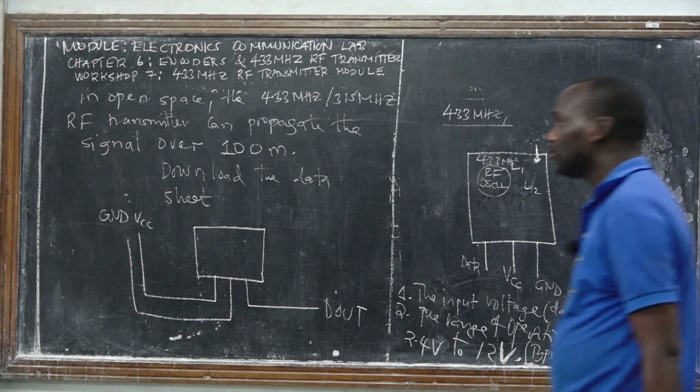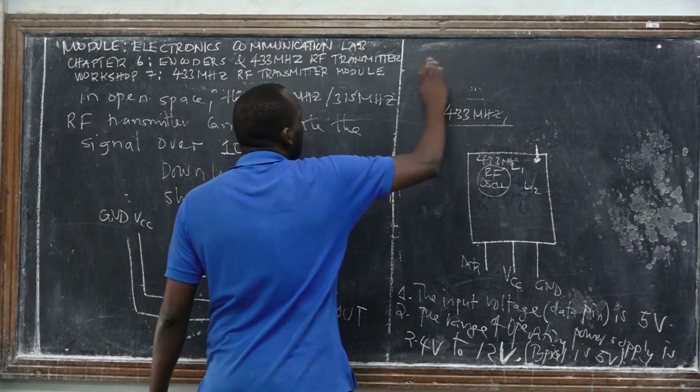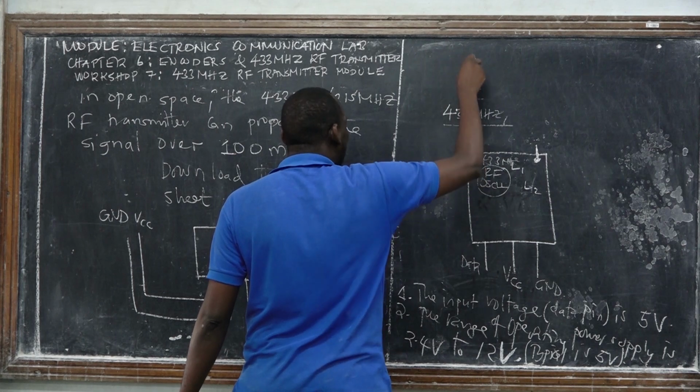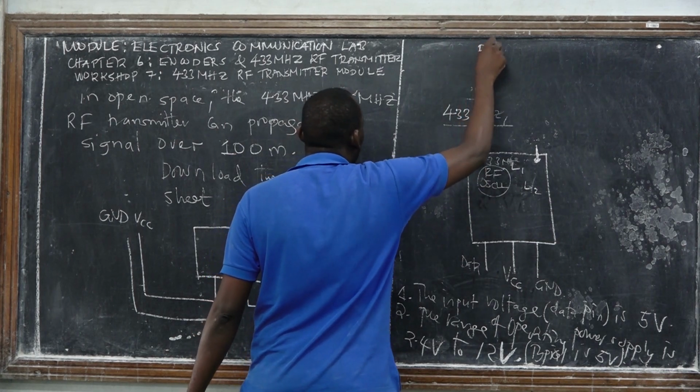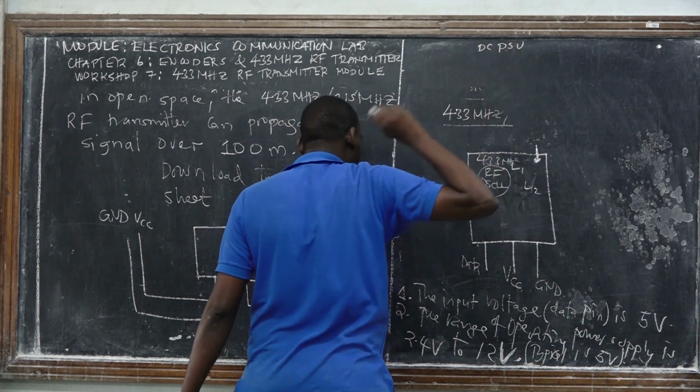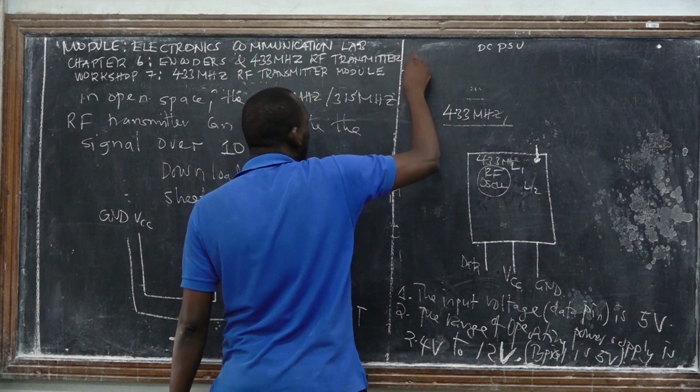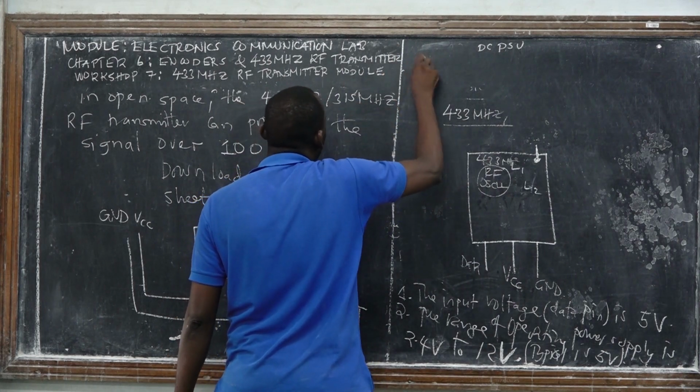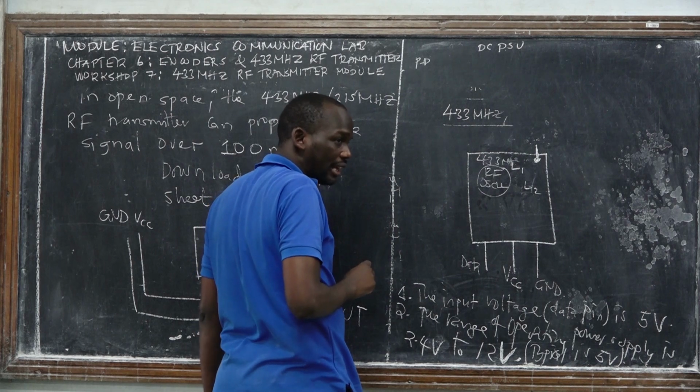Stop writing. Do you remember that we discussed the schematic circuit diagram where we have the power supply unit for the HT12, and also we used the pull down resistor network. You remember that?